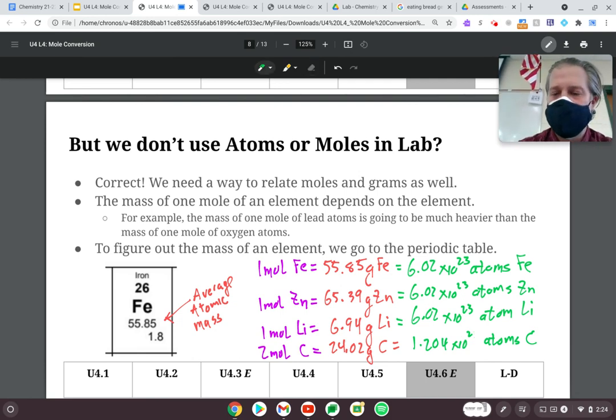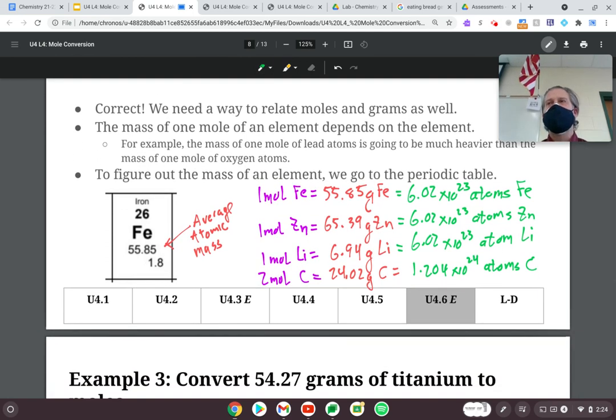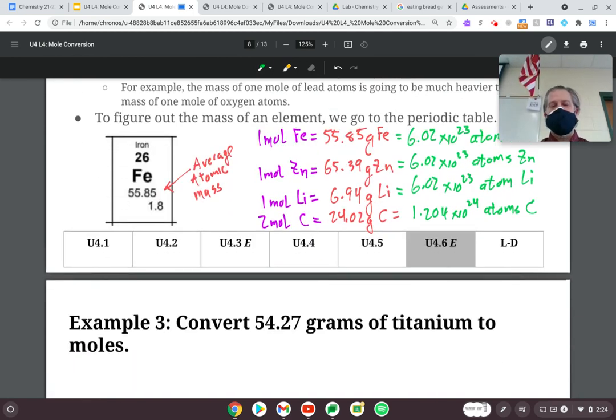This should be the 24, because 12.04 times 10 to the 23rd can't be over 10 in that form. Okay, cool. All right, now let's use our newfound understanding.